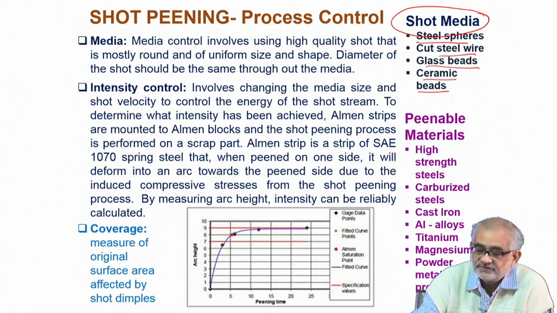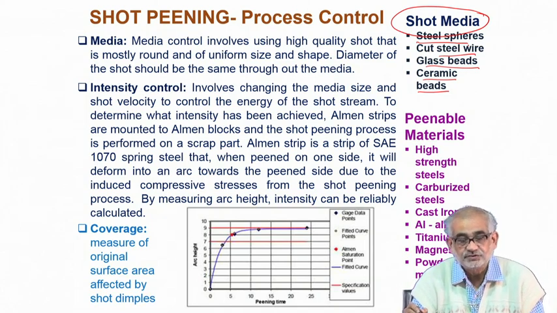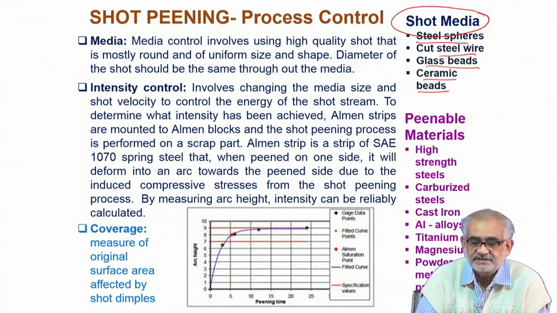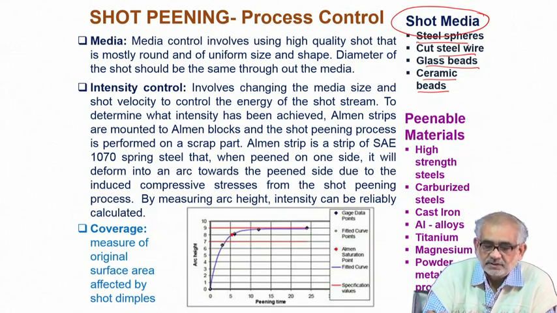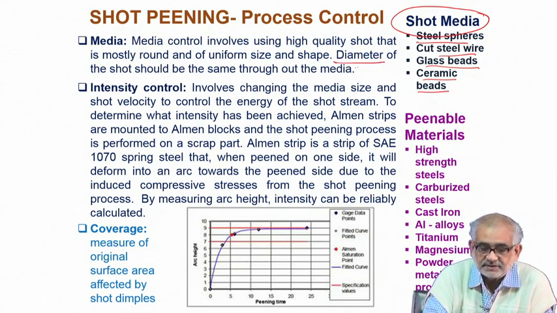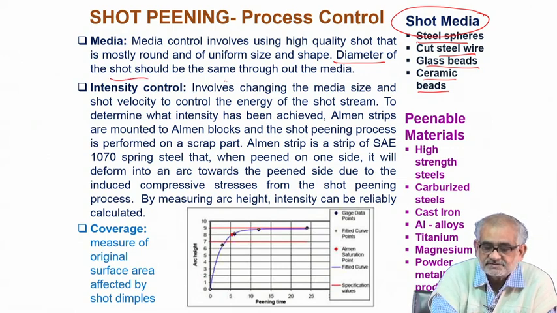So these are non-deformable substances, very high hardness, and most importantly rigid, and they don't deform. In fact, they do deform, and if they deform substantially, then we need to change the set of shots that we are using for shot peening. The diameter usually is very similar or the same throughout the media.